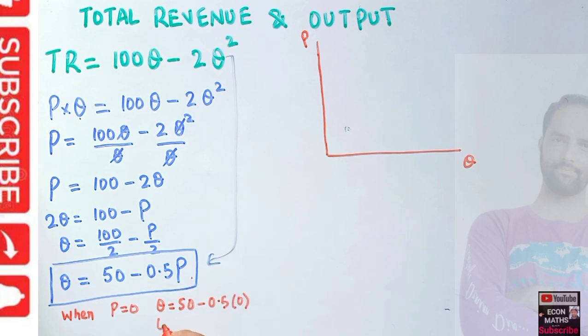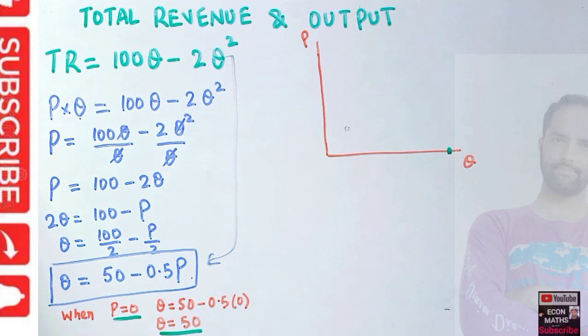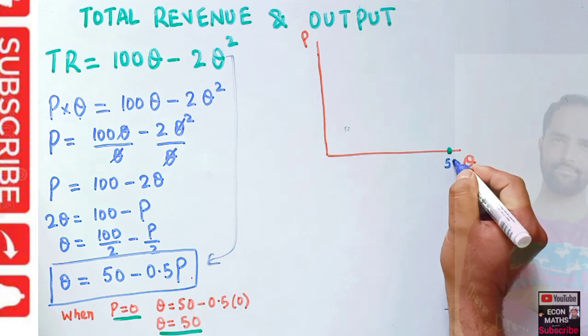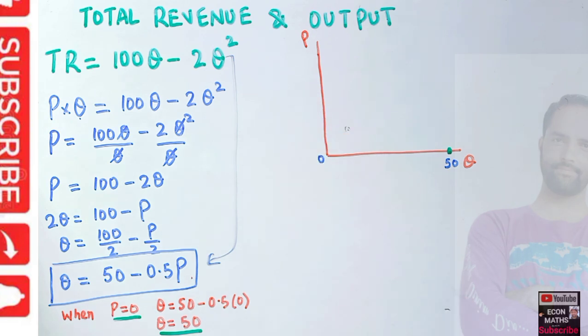That means our output will be equal to 50 only, because 0.5 into 0 is 0. So we have P = 0, Q = 50. Let us say this is the point where Q is equal to 50 and price is 0.